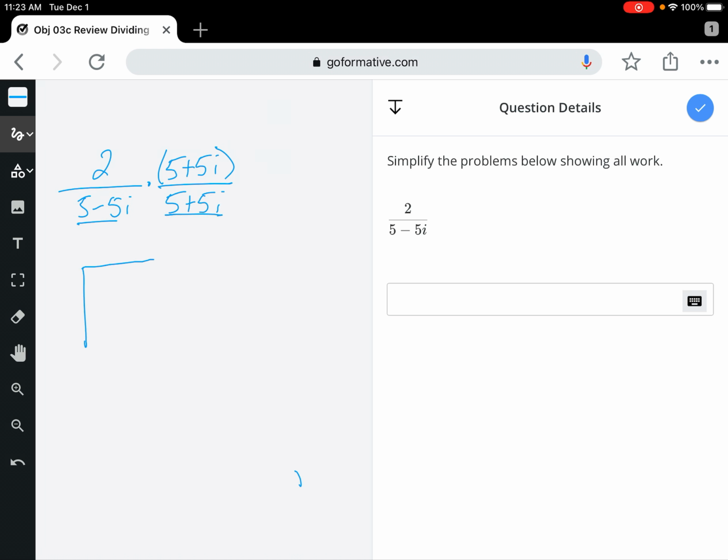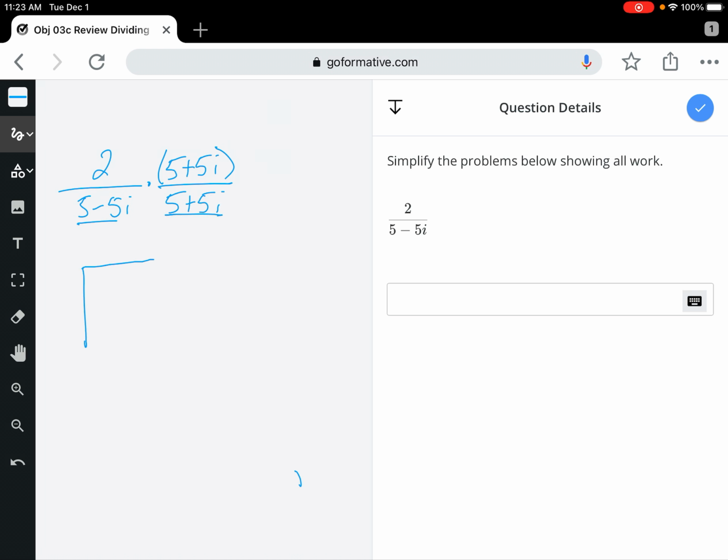Okay, so when I rewrite this part, I'm just going to do distributive property. This is going to be 10 plus 10i over. Now these add to be 0, so I'm just left with the 25 minus 25i squared. Okay, what I have to do is replace my i squared with negative 1.